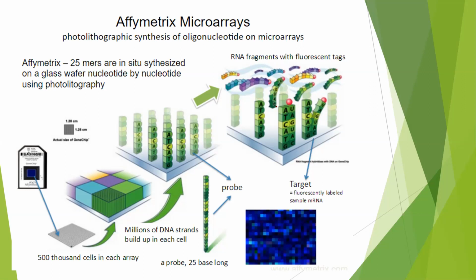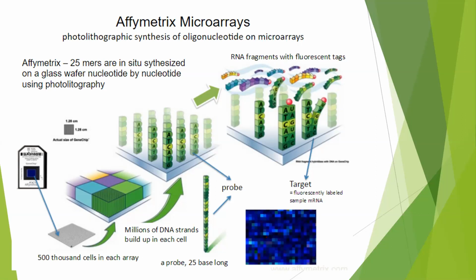If some genes are expressed, then the labeled messenger RNA in the sample will match the probe on the surface of the chip. They're going to hybridize and stay. If this gene is expressed, the messenger RNA that represents this gene will stay on the chip, and then you're going to see the fluorescent signal from here.